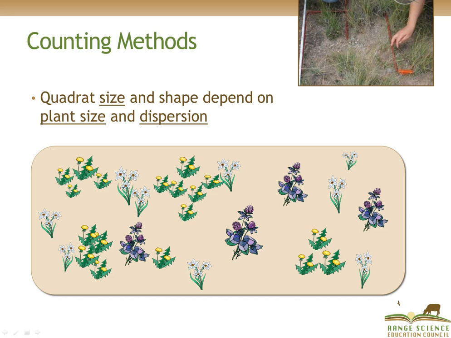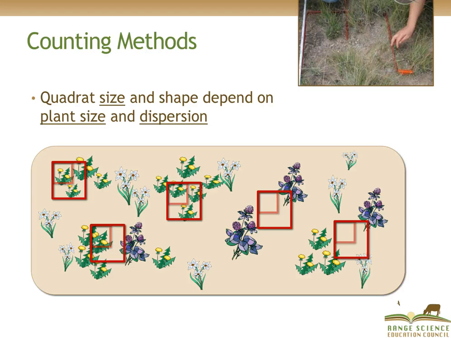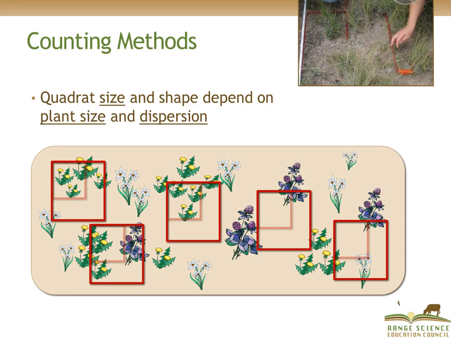With counting methods, the size and the shape that we choose for the quadrats depends on plant size and dispersion. So if we start with small quadrats, we could go to larger quadrats or to larger ones still. In general, as the size of the quadrat increases, we tend to include more of the larger individuals and also tends to cut across clumps.